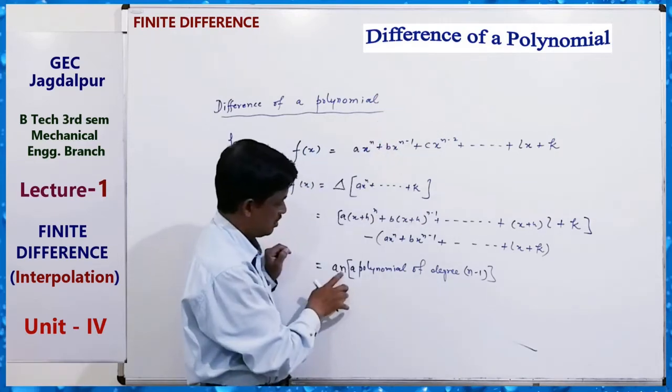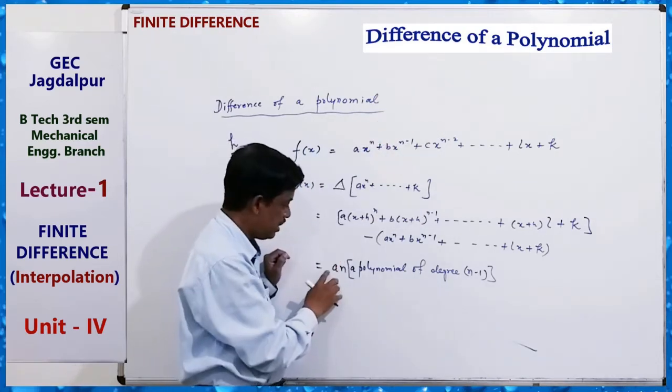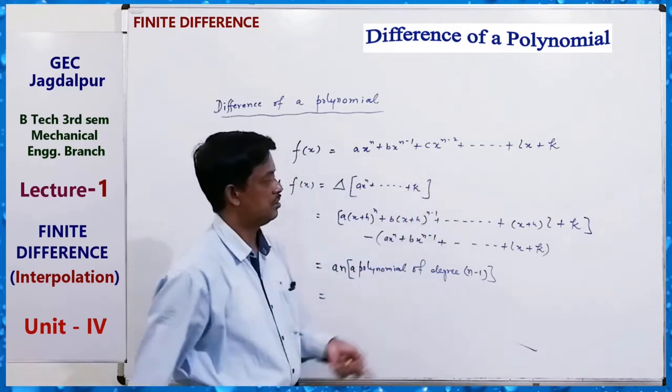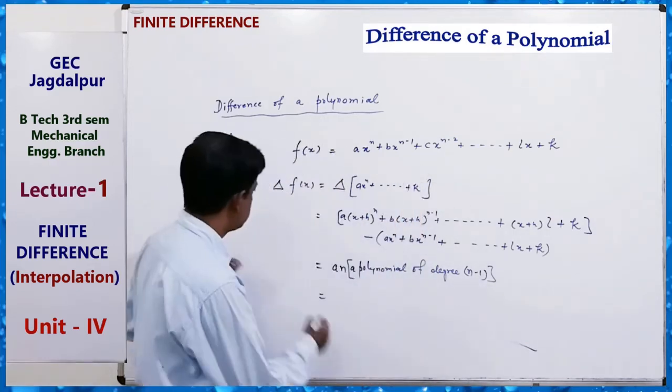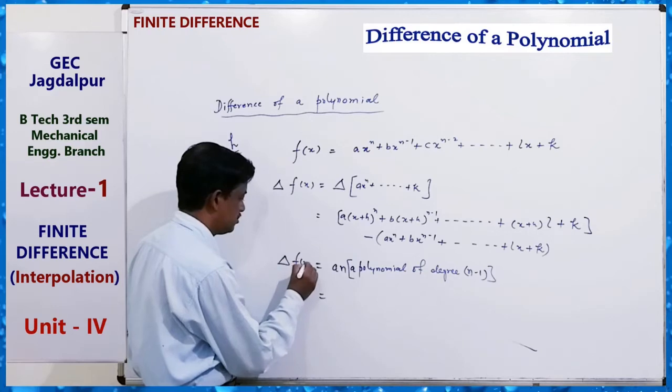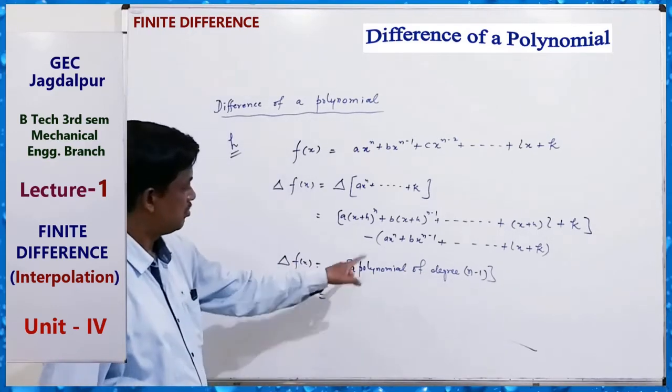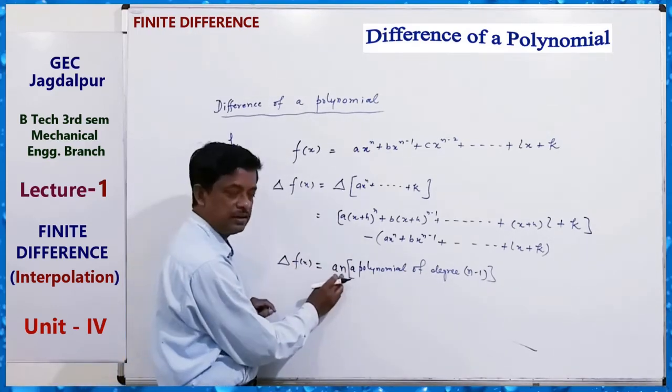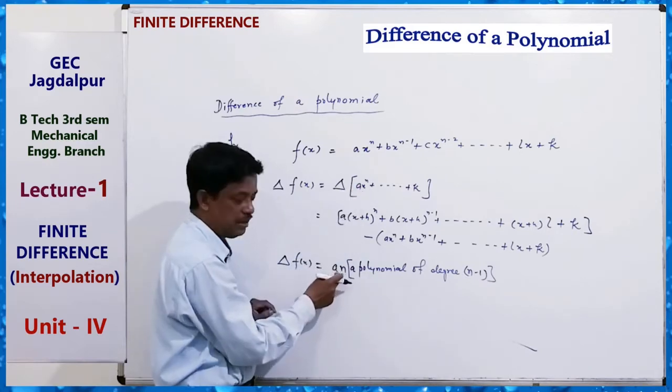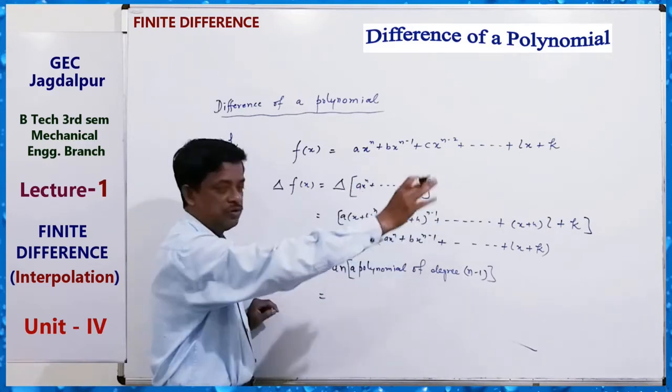So n will be common. So a n and a polynomial of degree n minus 1, one degree less. This is the first difference of the polynomial: a into n, first term a, and then n and a polynomial.